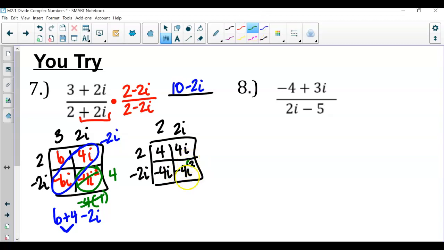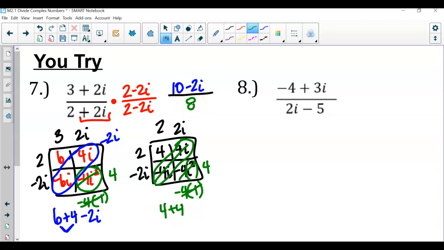Then here, i squared is negative 1. Negative 4 times negative 1, positive 4. So now we cancel that out. And again, notice, right, what happens to our imaginary? There's just 0, because that's just 4 minus 4. 0, gone. Now I've got 4 plus 4. 4 plus 4 is 8.